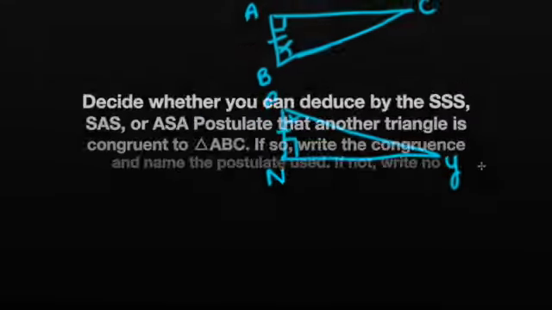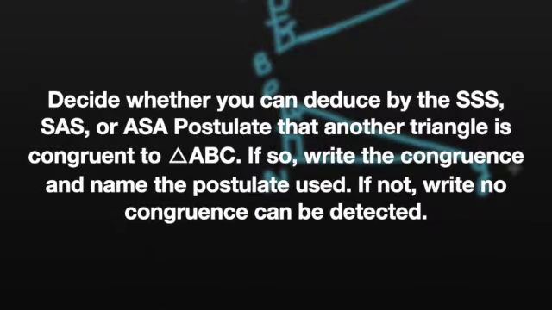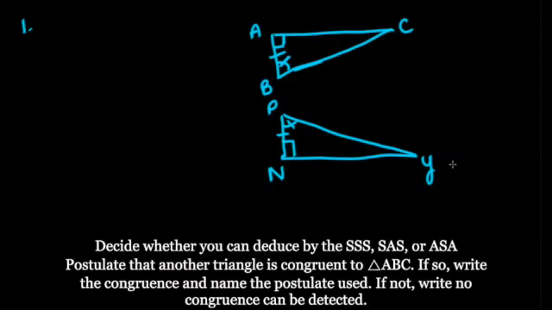So directions say, decide whether you can deduce by the SSS, SAS, or ASA postulate that another triangle is congruent to triangle ABC. If so, write the congruence and name the postulate. If not, write no congruence can be detected. All right, so if we look at these 2 triangles, we can see that we have one angle, one side, and another angle that are known.